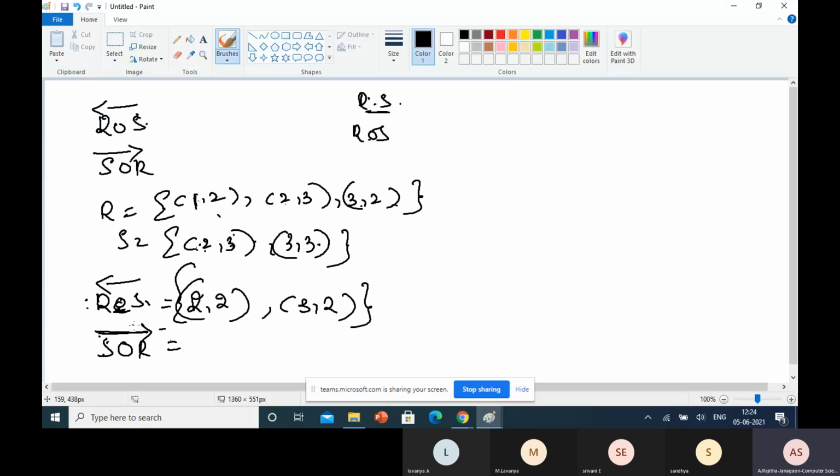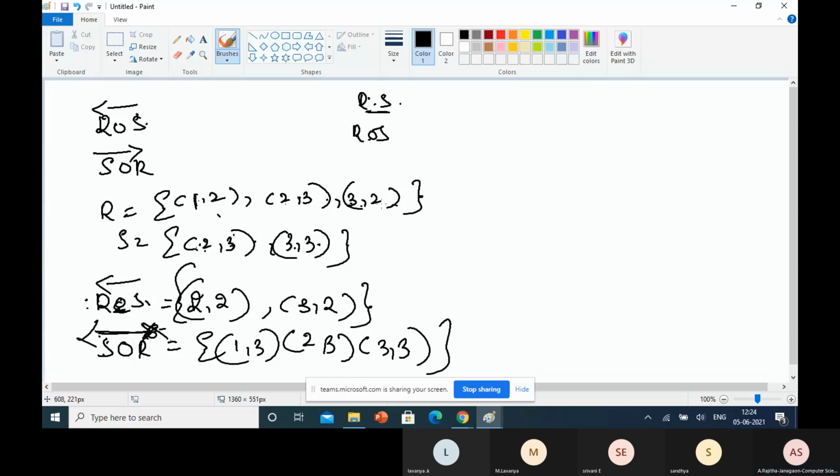Suppose instead of this arrow mark, here the arrow mark is like this. Now 1 to 2, that is 1 to 2, here 1 to 3, next 2 to 3, that is 2 to 3, and 3 2, that is 3 comma 2, and 2 2. So this is what.